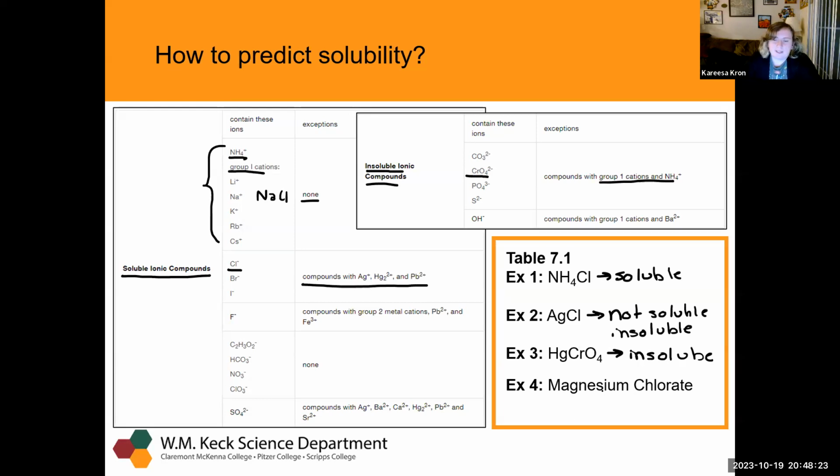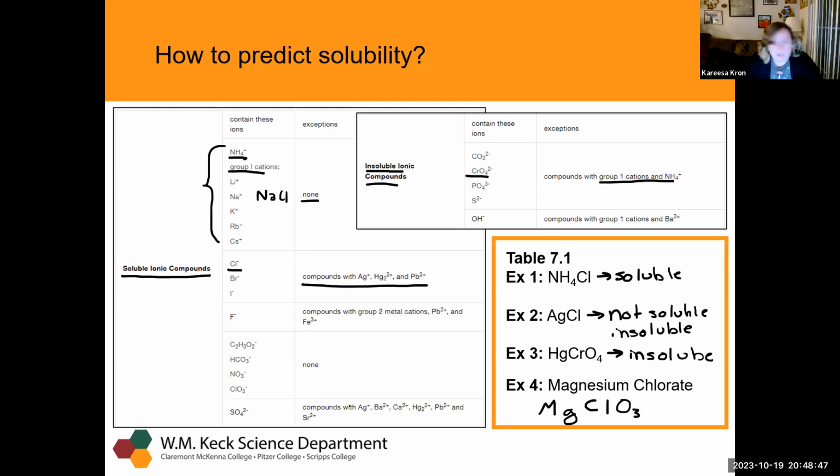And this last one is a bit of a practice: magnesium chlorate. So if something has magnesium, and then chlorate, which is ClO3 minus, yes, magnesium chlorate.